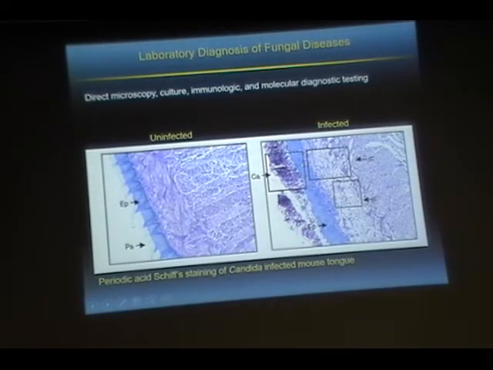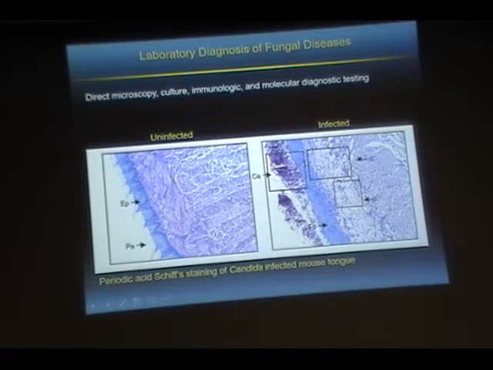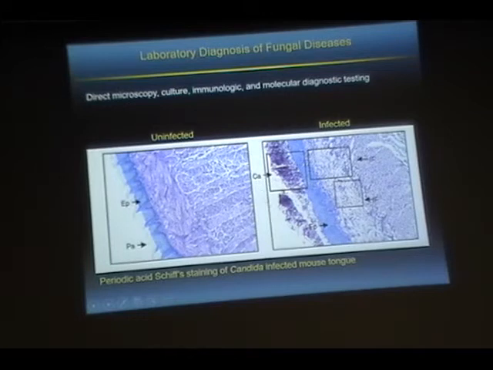So here we have uninfected, but sometimes when you infect without an immune system, without Th17 cells, that's what is happening here. When you don't have Th17 cells, there's a lot of inflammation going on, but the fungus is not cleared. It's still sticking to the surface of the epithelium, but there's a lot of inflammation going on.